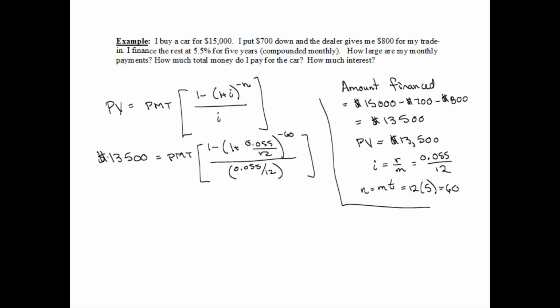Calculate the part in brackets, take the reciprocal and multiply by 13,500, and you should end up with the payment.